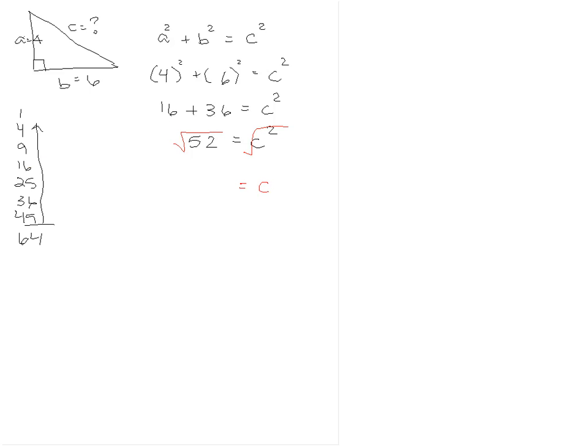Well, 4 goes into it. 4 is the largest one, because 52 can be written as 4 times 13, which means you have the square root of 4 times the square root of 13, which means you have 2 square root of 13. So they're going to have you do this to help you reinforce the simplifying of radicals. Okay, that's 8.3.